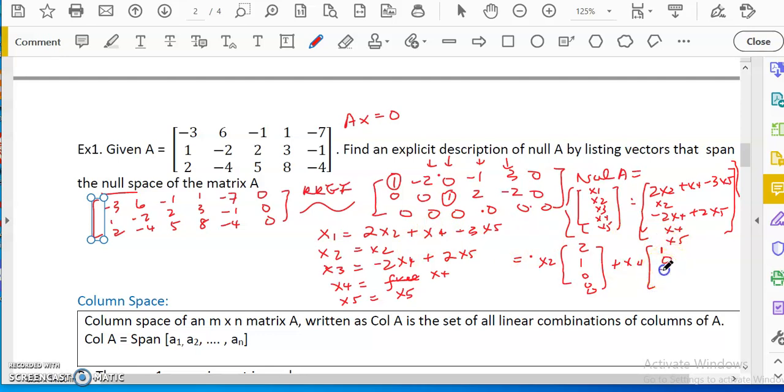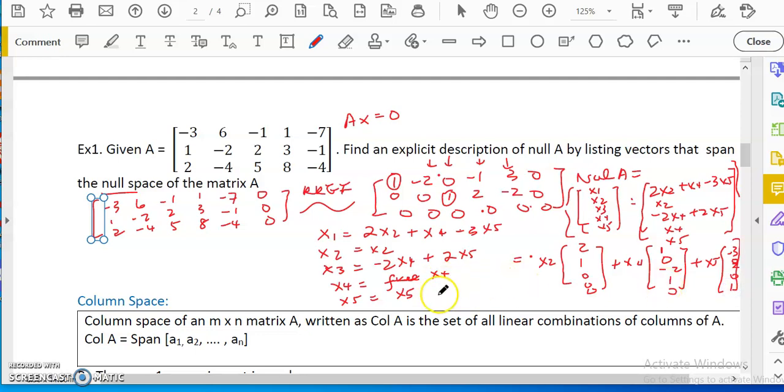The third one has a negative 2. The fourth one is 1. The last one is 0. Plus x5. When does x5 show up? It shows up as negative 3. Oh no, the second one is 0, and then 2, and then 0, and then 1. Right? So this is how you describe it.